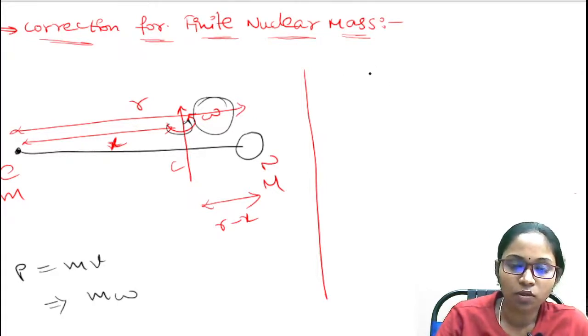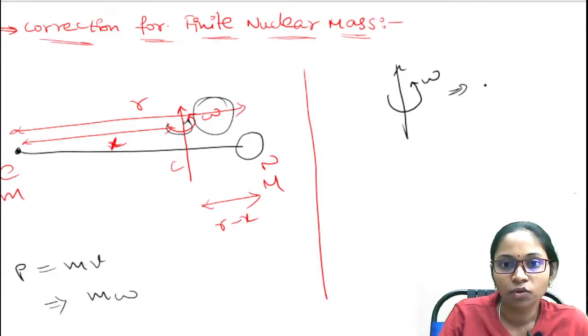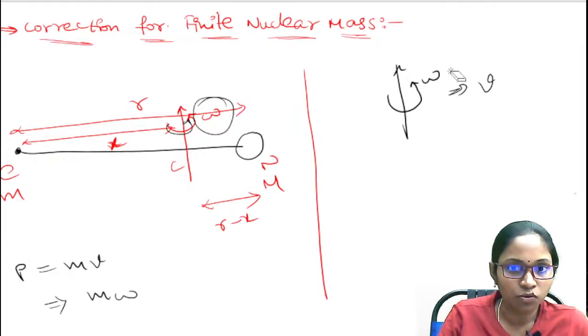About an axis, if a particle is rotating with the angular velocity omega, then what will be the velocity of this particle? I'm just asking you about the velocity, not the angular velocity.